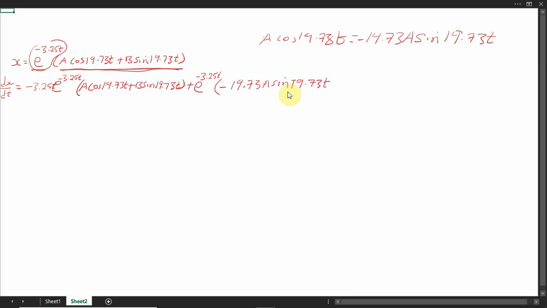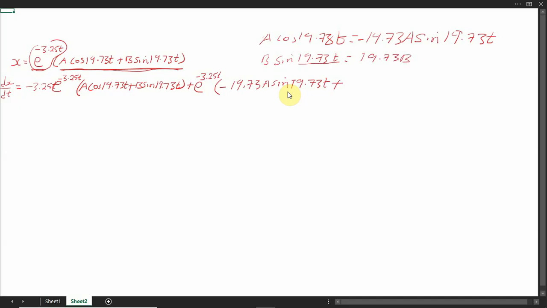Then plus b sine 19.73t. When you differentiate 19.73t, you get 19.73, then multiply it by the b.